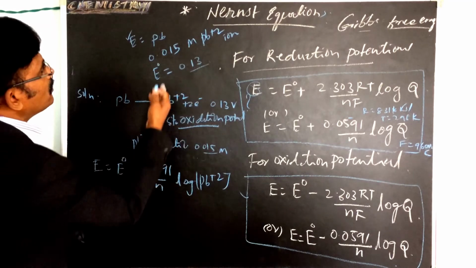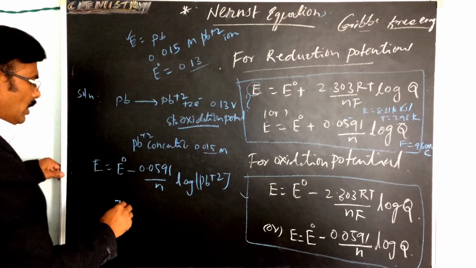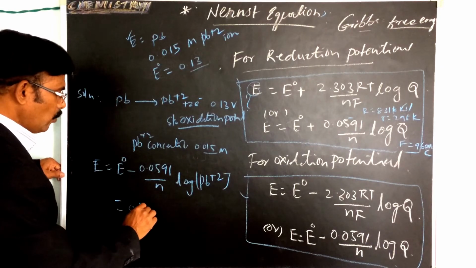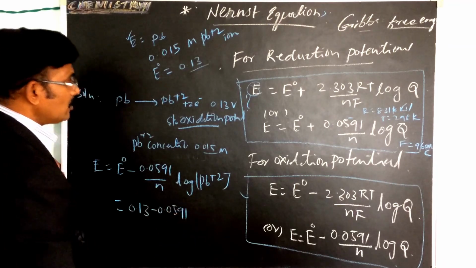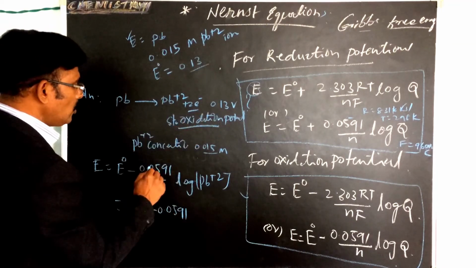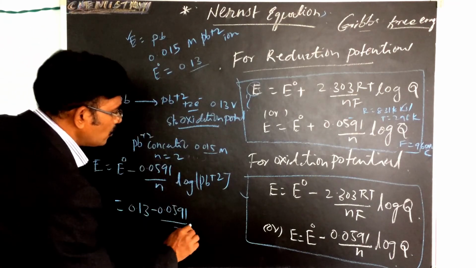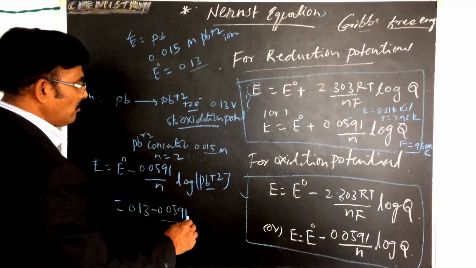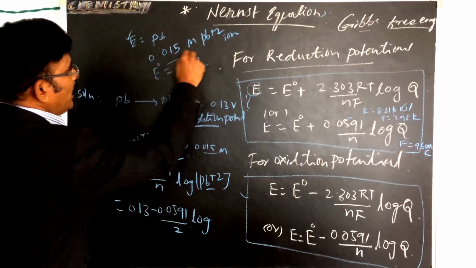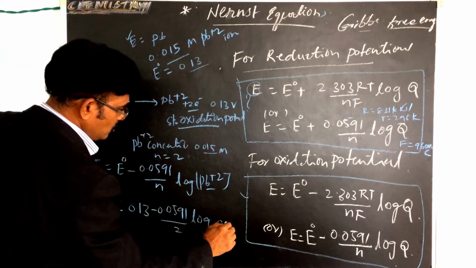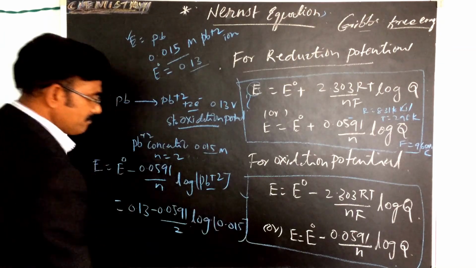E0 is the standard value, 0.13, minus 0.0591. How many electrons? n is equal to 2. So by 2, log of the lead molarity, 0.015.